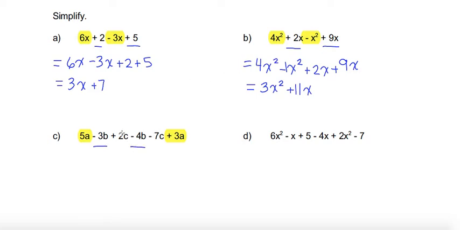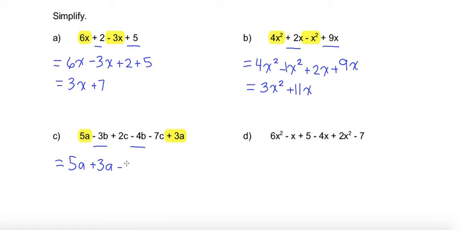And if I wanted to, I could circle or I could leave these not underlined. You pick a strategy that works best for you. I'm going to not underline or highlight my C's to show that those are like terms as well. So now I'm going to group my like terms or combine my like terms. I'm going to start with my 5A plus my 3A.